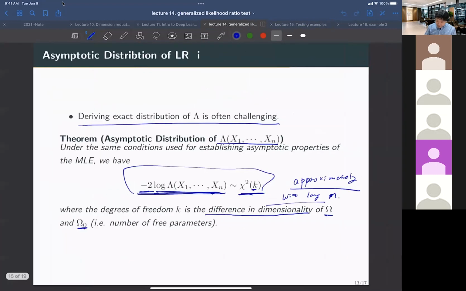Then the theorem tells us that the log likelihood ratio times -2 will follow a chi-square distribution with k degrees of freedom, where k is the difference in dimensionality. It will be just 1 or 2 in most cases in this semester, right? So if you're testing sigma, then the difference will be just 1. Okay, so let's apply this.